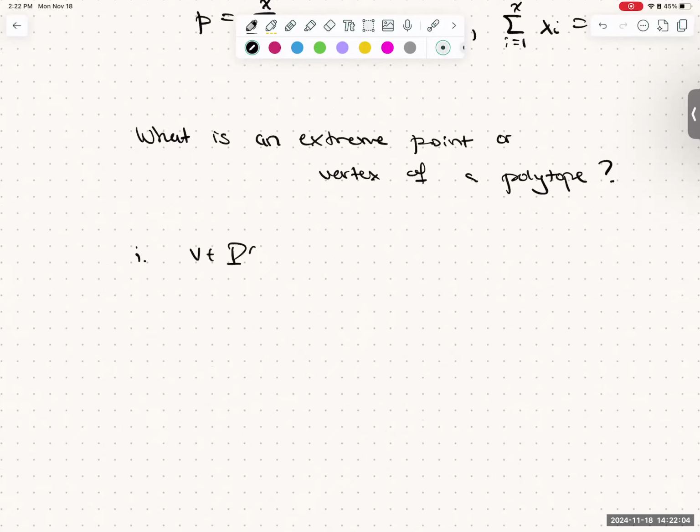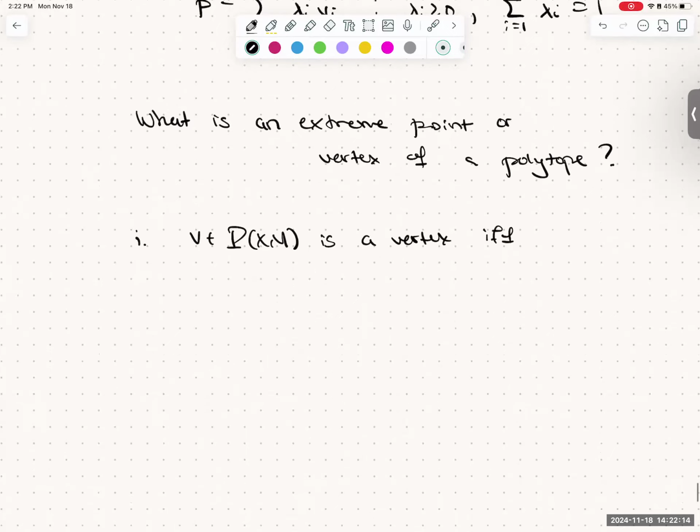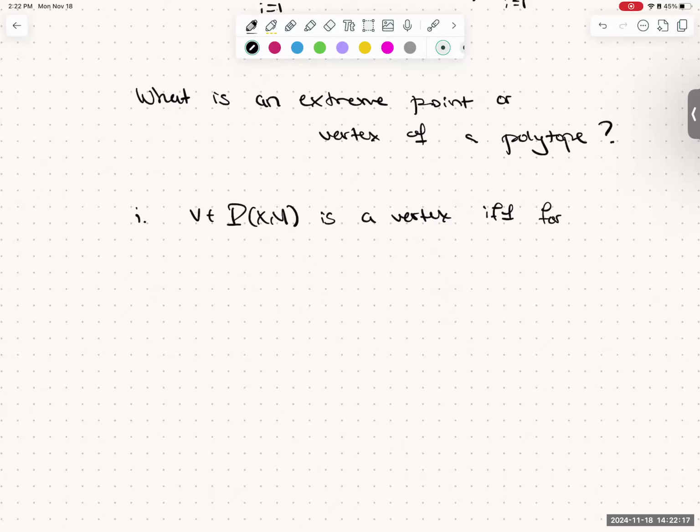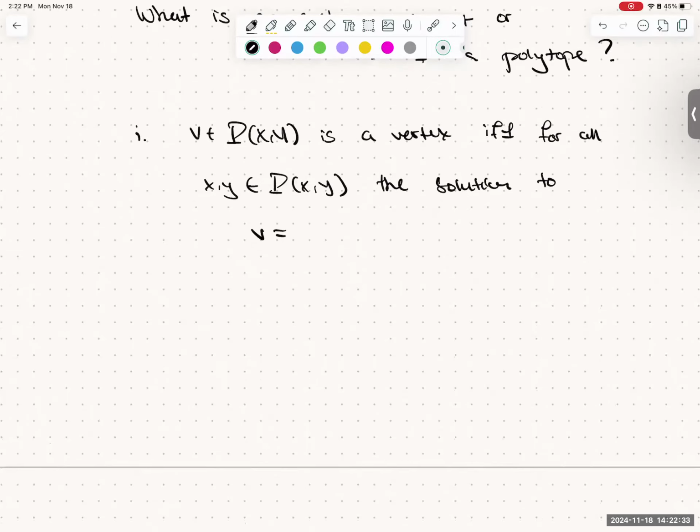So V in PXY is a vertex if and only if, because I'm lazy, for all X, Y in PXY, the solution to V equals, I will say lambda X plus 1 minus lambda Y is V equals X equals Y.